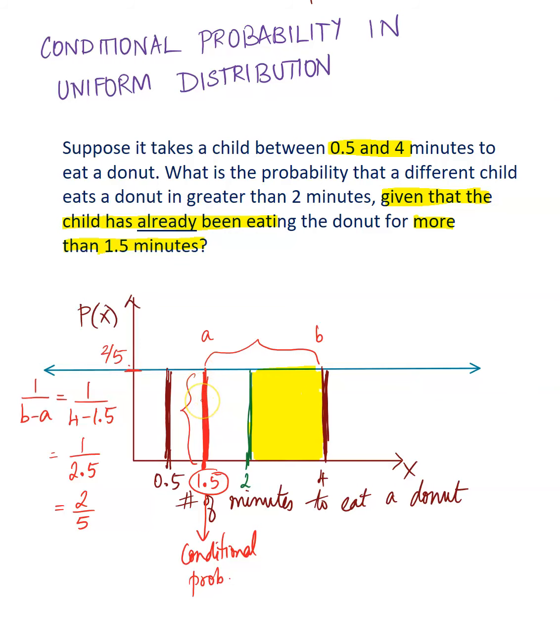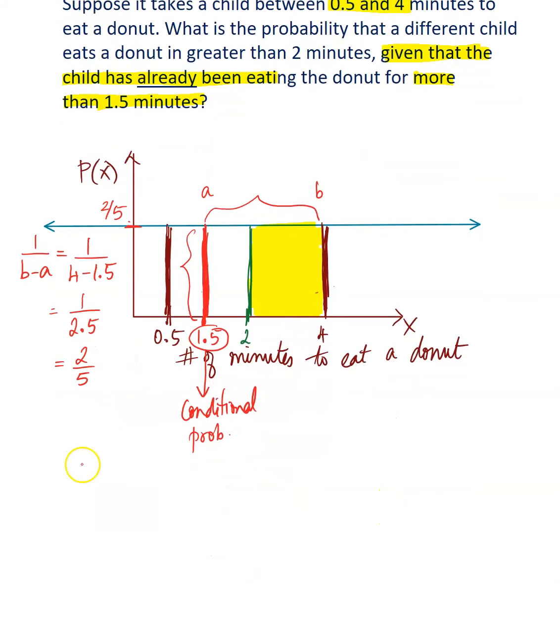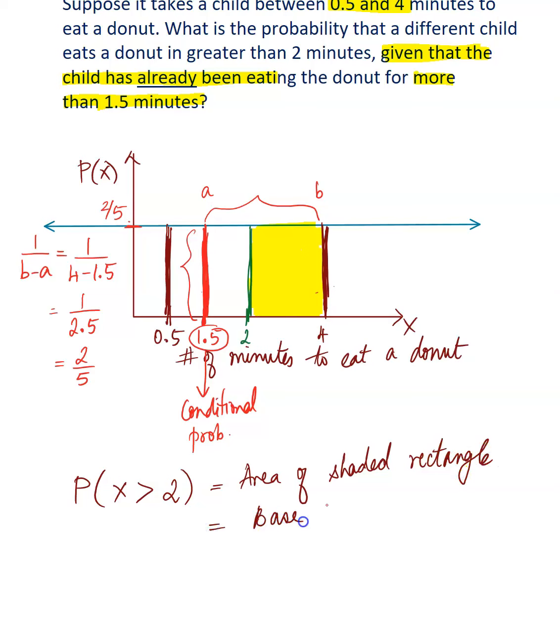That means we reduce that brown rectangle into the one starting at red. And within that, we found the yellow shaded region that was greater than 2 minutes, which meant 2 all the way to 4. If I were to write this in probability notation, that will be x greater than 2 minutes, and that would be the area of the shaded rectangle, base times height.